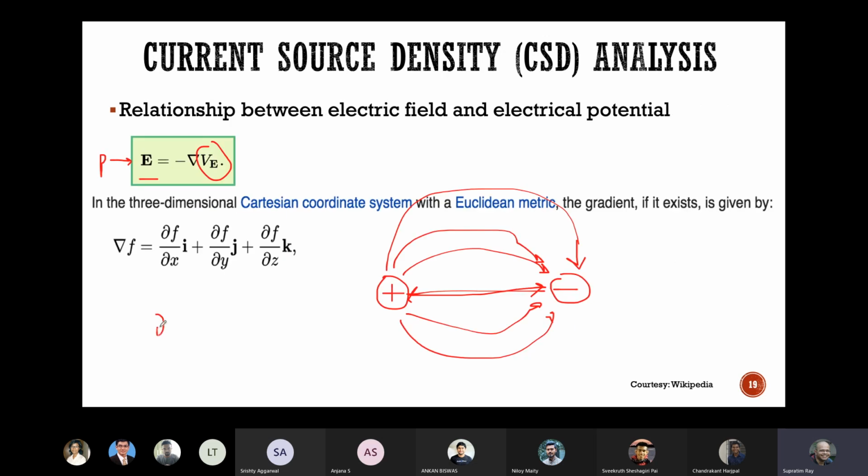You can think of this as an operator: del x i plus del y j, and so on. So this is the del operator. If you simply apply it to f, you get this, and this is the gradient.